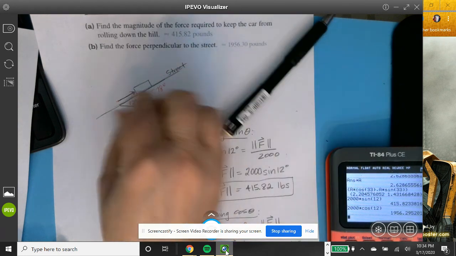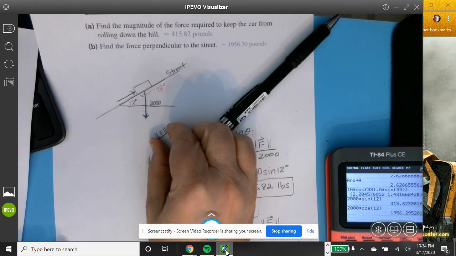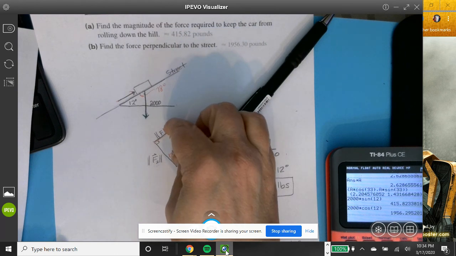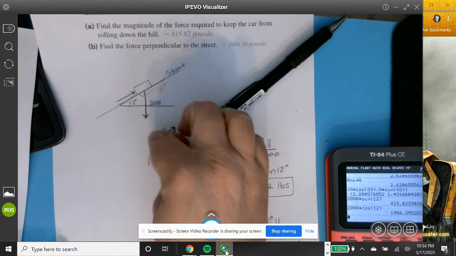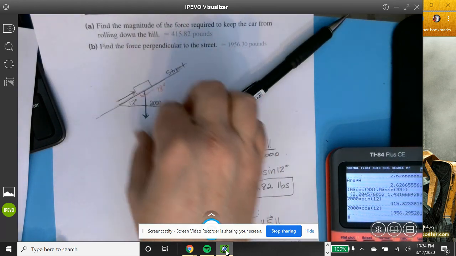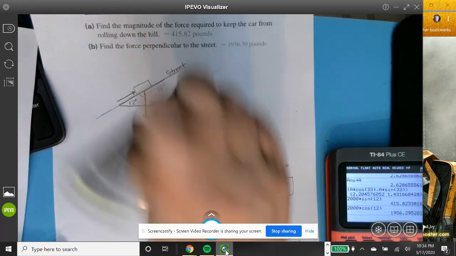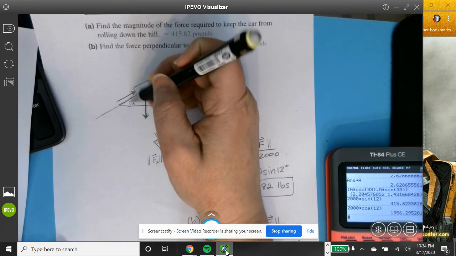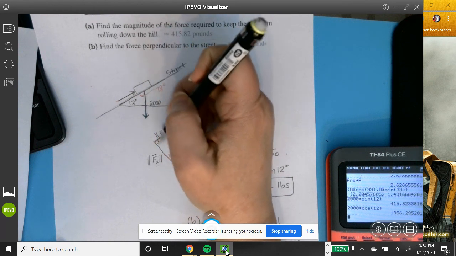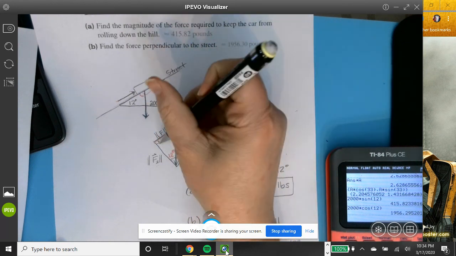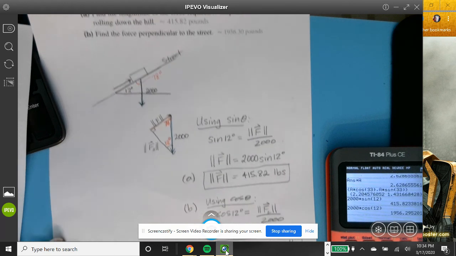And you can move this vector physically here and move this one physically here because they have the same direction and the same magnitude. I just moved them in space. And then I can create a right triangle, creating a perpendicular to the street situation, and then use sine and cosine to solve those. Okay?